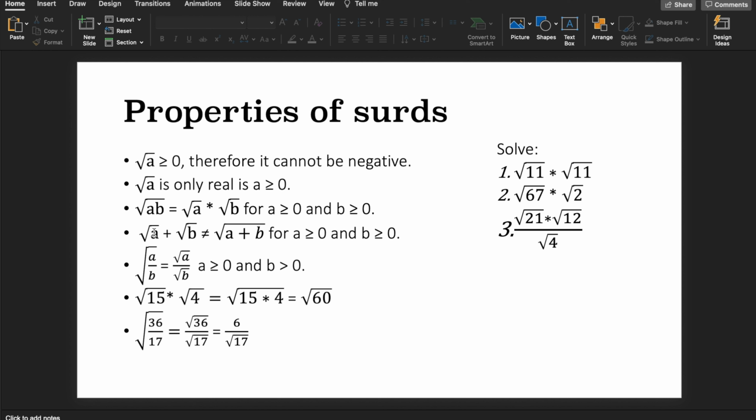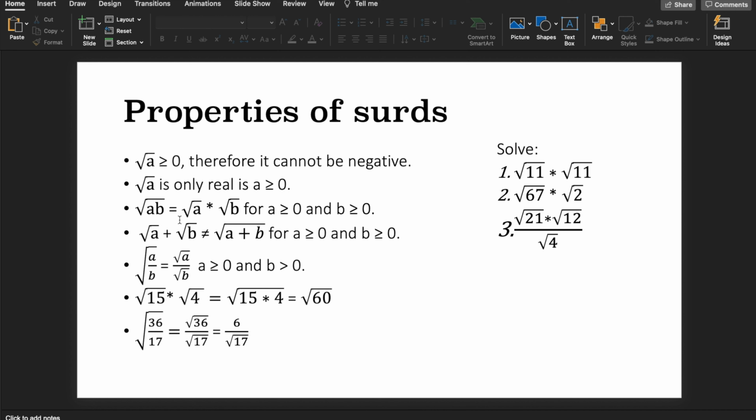The next thing is that square root of a plus square root of b is not equal to square root of a plus b. For instance, let a be 2 and b be 4.